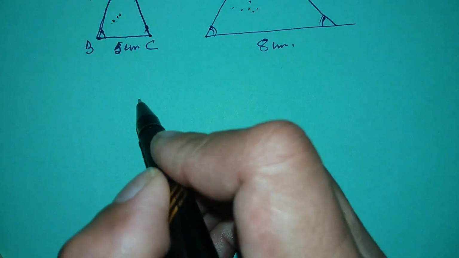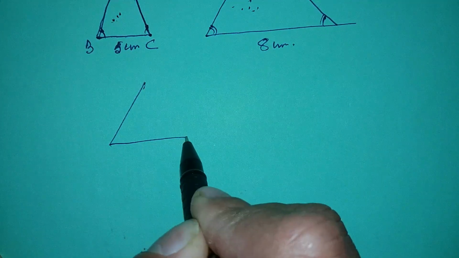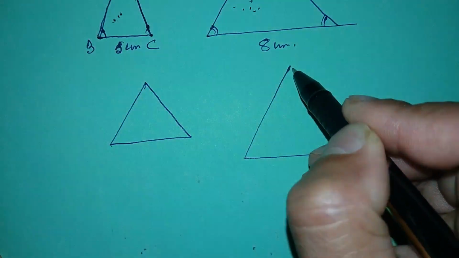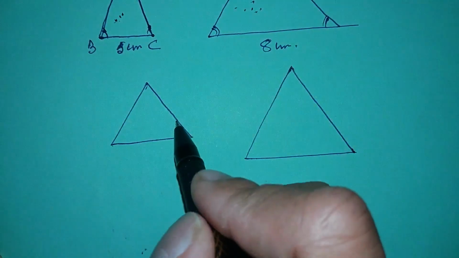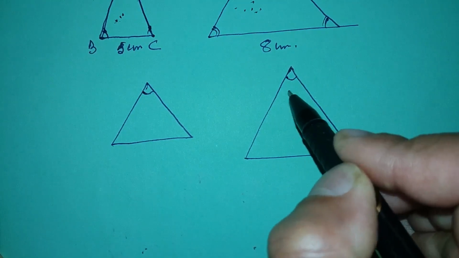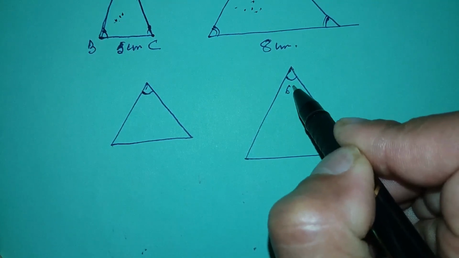Then for equilateral triangles, the measurement of each of the angles is 60 degrees.